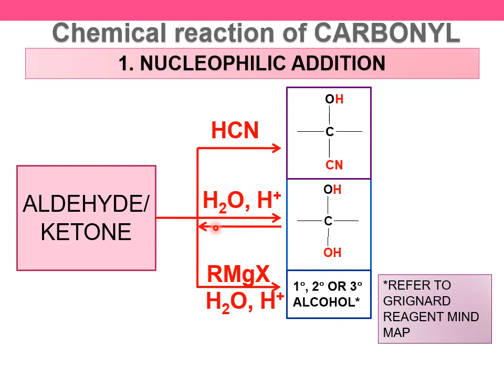This is a reversible reaction. And finally, the one that we have learned previously in chapter 8, when we are producing alcohol, is the reaction of carbonyl compound with Grignard reagent and H2O, H+, which will produce primary, secondary, or tertiary alcohol.